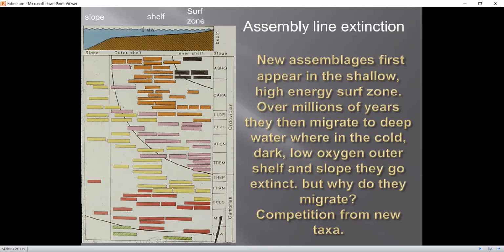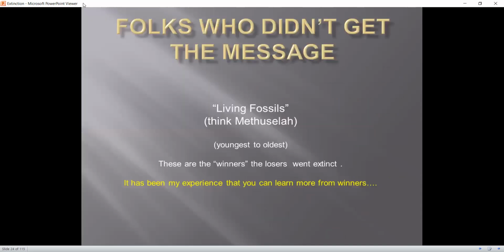So that's where they go extinct. Actually, the question you should say, why do they migrate? The thing that Jablonski said is that you have competition for the next group back pushing you out there, competition. That was his notion. Assembly line extinction of bottom dwelling communities.